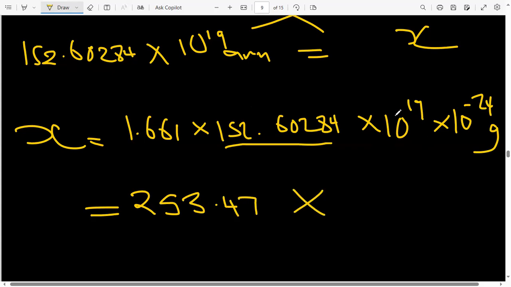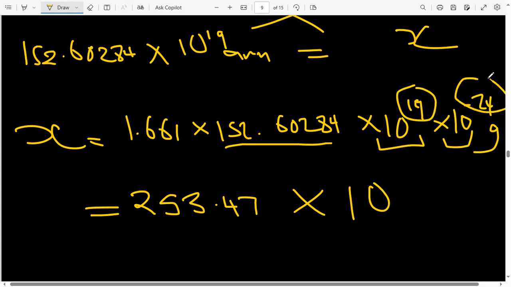Then here I have 10 to the power 19, and then 10 to the power minus 24. We see that these are the same bases, so we can write one base, and since we are multiplying, we have to add these powers. So what is minus 24 plus 19? It's the same as 19 minus 24, and I'm going to get minus 5 grams.